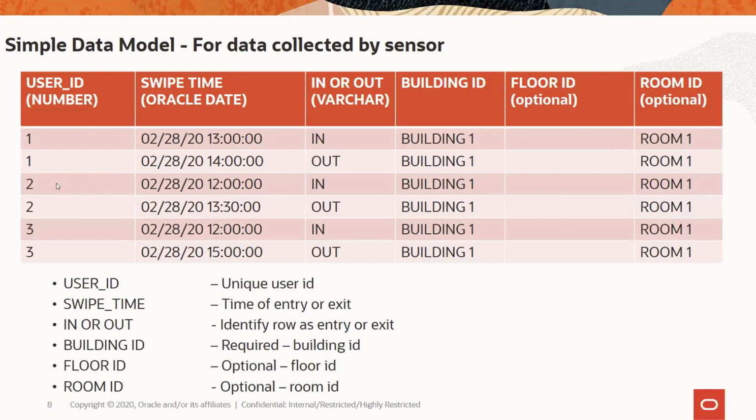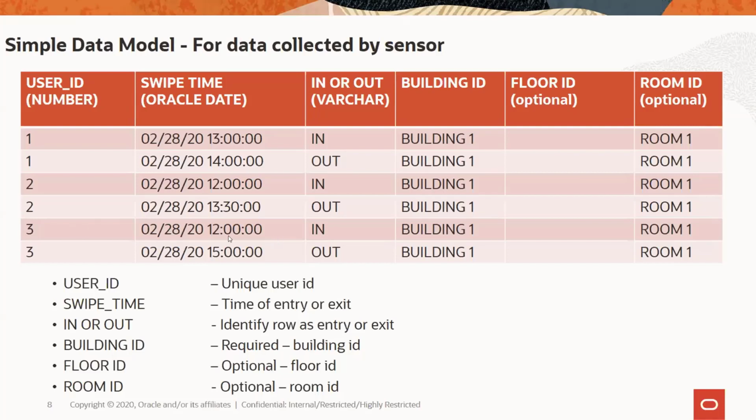And you have user number 2 that swiped into the same room in the same building, but prior to user 1. So they swiped in at 12 p.m., right? User 1 swiped in at 1 p.m. So they swiped in before, and then at 1:30, halfway through the time that user 1 was in the room, user 2 left that room.